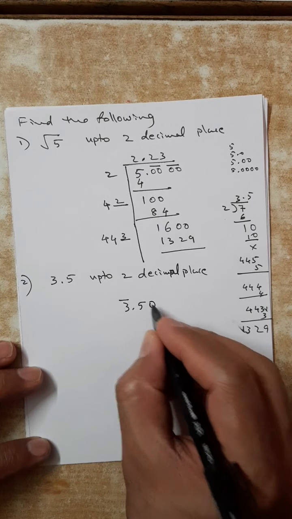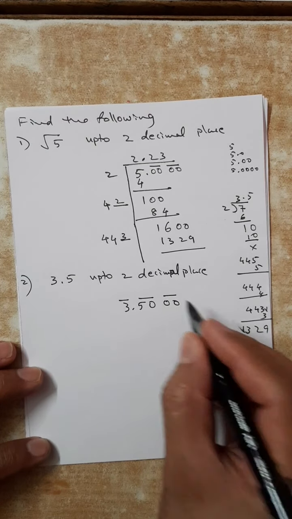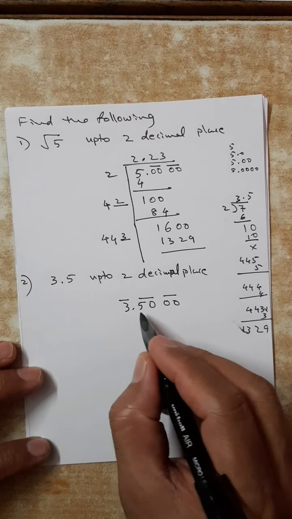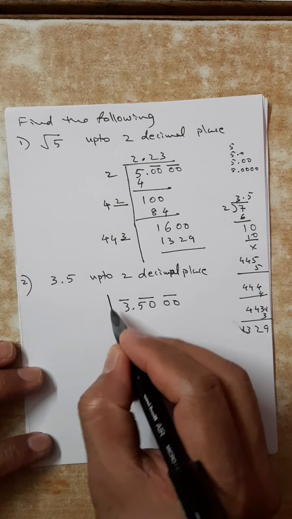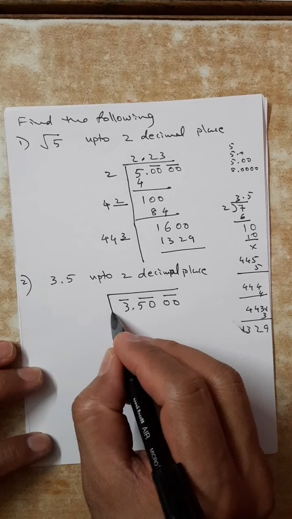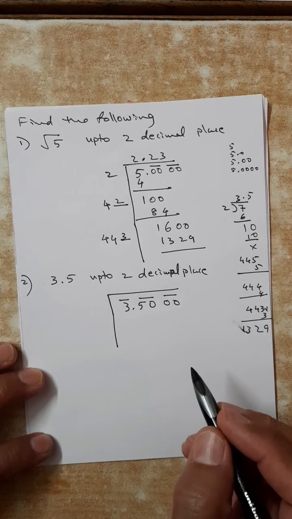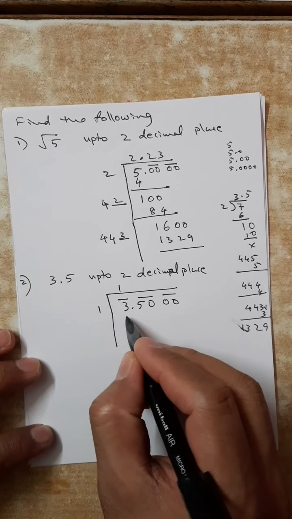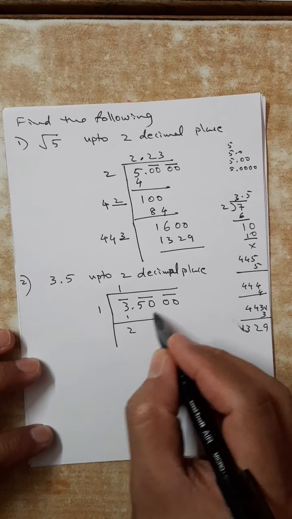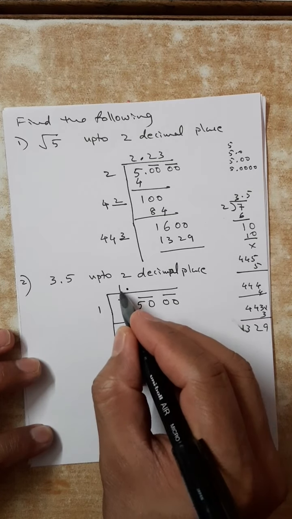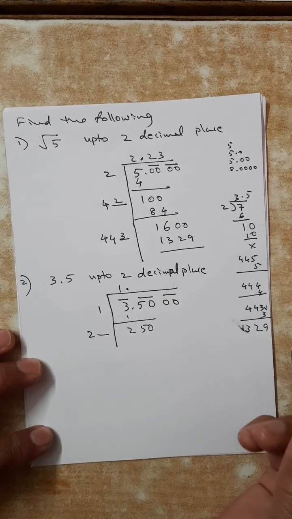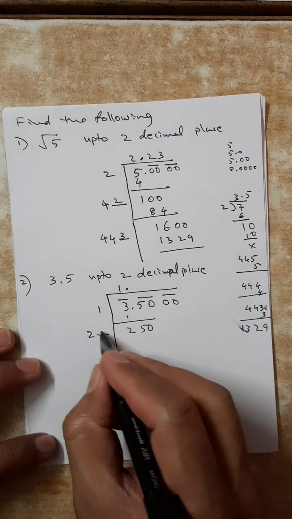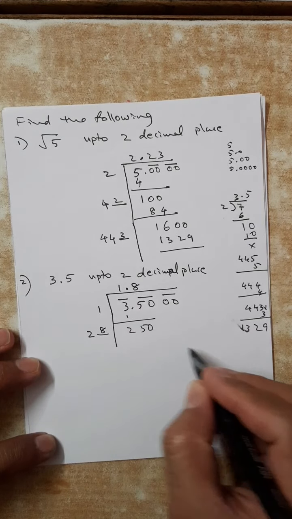I can fill it as 50. First group. Another group is needed because of 2 decimal places. 3.5000. Okay. Now 3 means 1 ones are 1, balance 2, bringing the decimal area. So putting the pointer, 1 is 2, filling with something. 8 will go. 28 into 8.